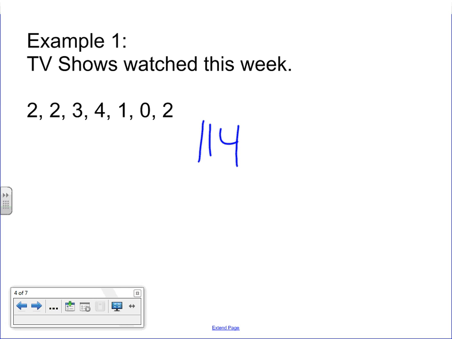How many pieces of data are there? If we look, there's 1, 2, 3, 4, 5, 6, 7 pieces of data. I have 7 pieces of data here on my data set. 14 divided by 7 is 2, since 7 times 2 is 14.